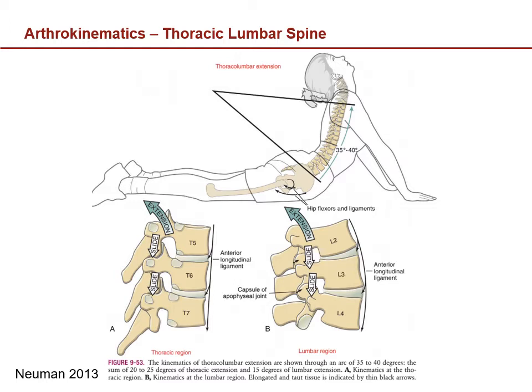The thing to note here is that the longer protruding spinous process of the thoracic spine will block some of the available extension from the thoracic spine versus the lumbar spine.